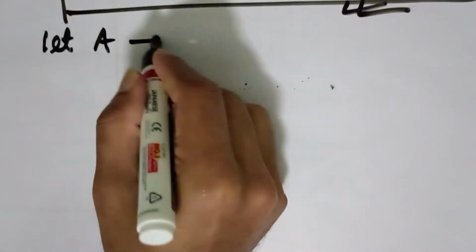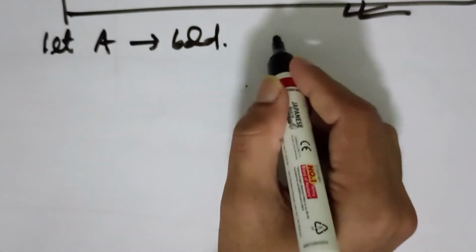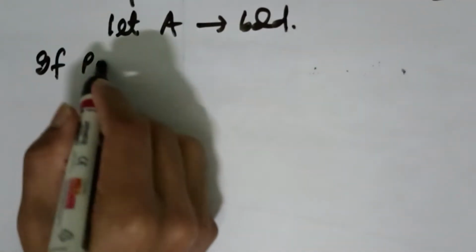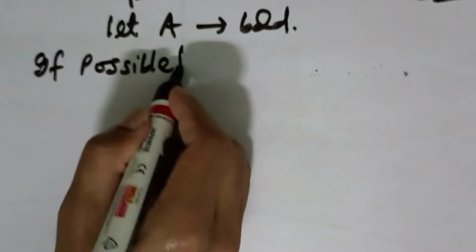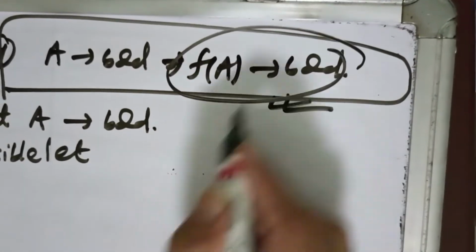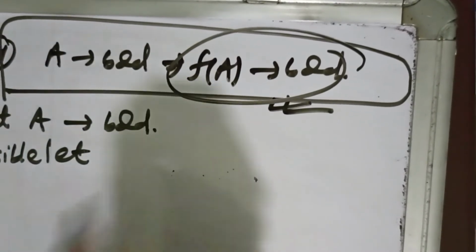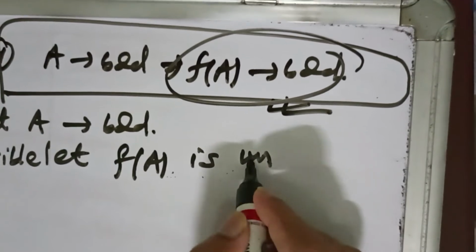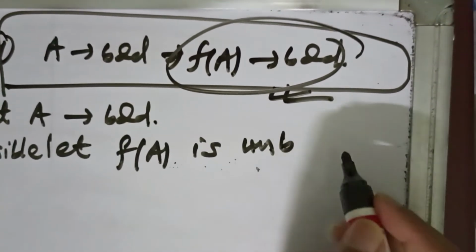Let A be bounded. I assume that A is bounded, and we have to prove f(A) is bounded. So I am using the contradiction method. I choose f(A) unbounded, because I am proving by contradiction, so I assume the reverse.